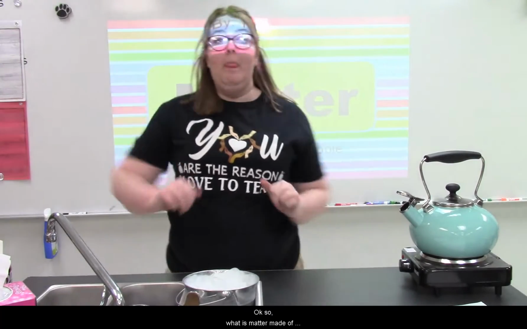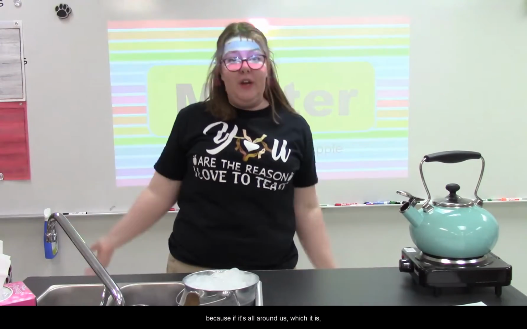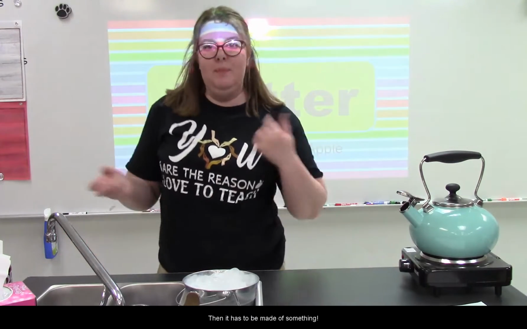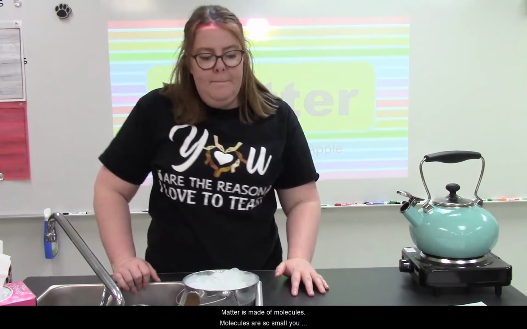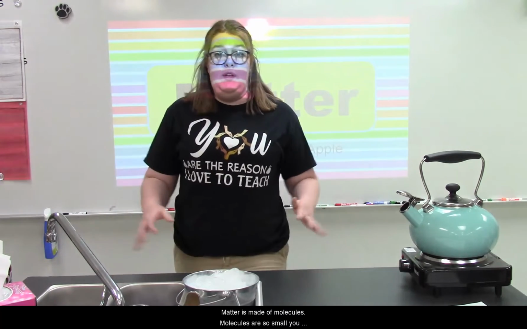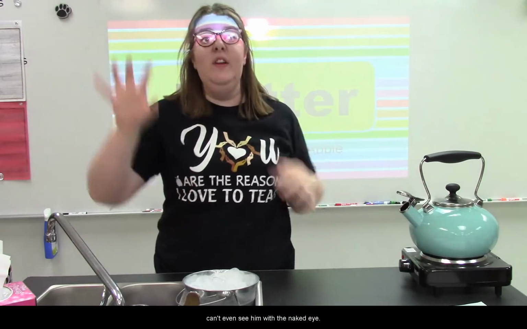So what is matter made of? Because if it's all around us, which it is, then it has to be made of something. Matter is made of molecules. Molecules are so small you can't even see them with the naked eye. Even if I zoomed in as much as I possibly could on the camera, you still wouldn't be able to see molecules.